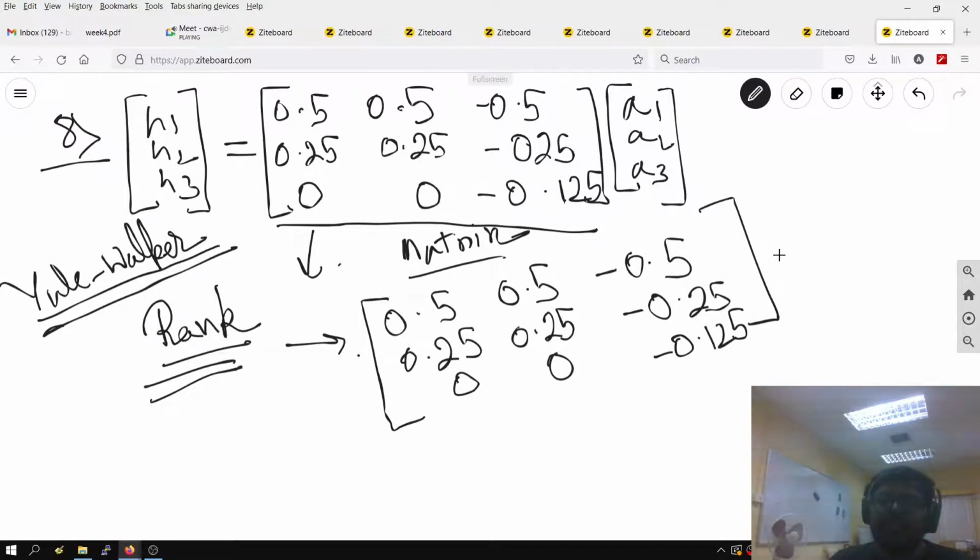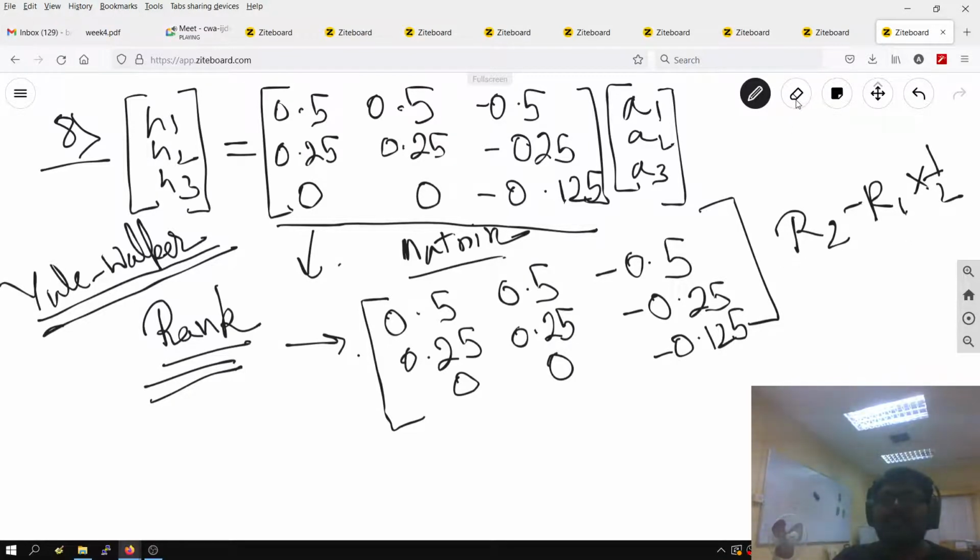So if I do the operation R2 minus R1 into half, what I'm doing is taking R1 half from the first row, dividing it by 2, and then subtracting this from the second row.